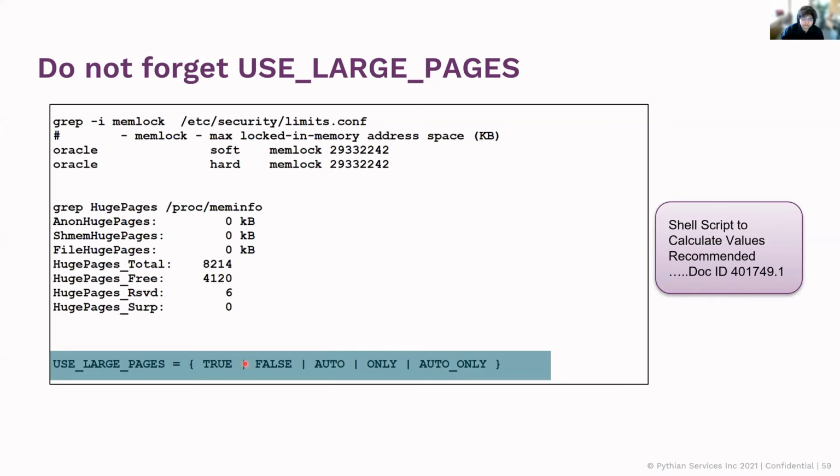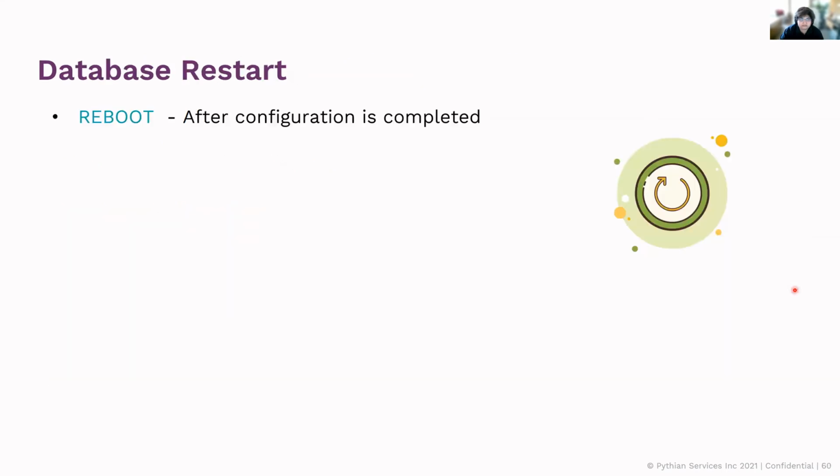On your regular systems, do try and use at least true so that huge pages are picked up. And if you're running out of huge pages, verify and increase your huge pages accordingly or decrease your SGA. This is the note that probably all of us have used to size our huge pages. But have it on a checklist, cross-check things.